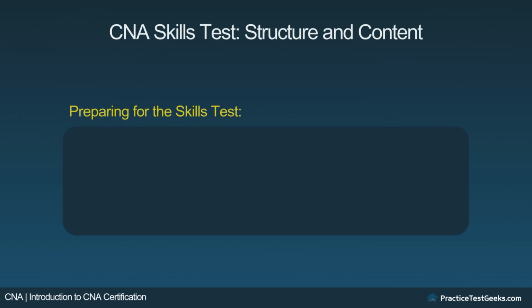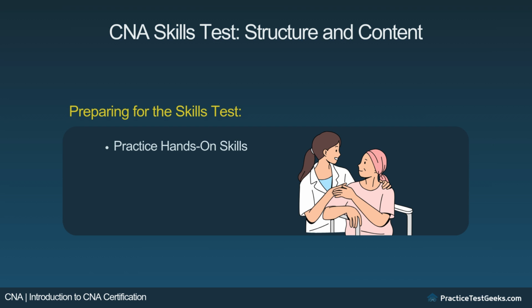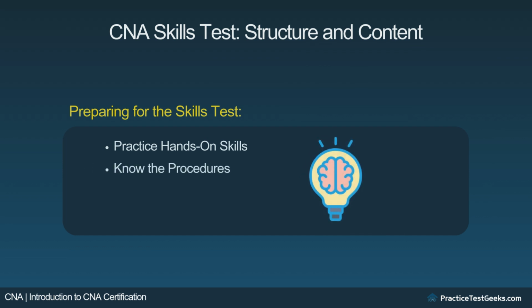Preparing for the skills test. To excel in the skills test, follow these tips. Practice hands-on skills. Perform hands-on practice with a partner, mentor, or during CNA training sessions. Focus on improving technique and speed. Know the procedures. Review the steps for each skill, including the proper sequence, safety measures, and any necessary equipment.